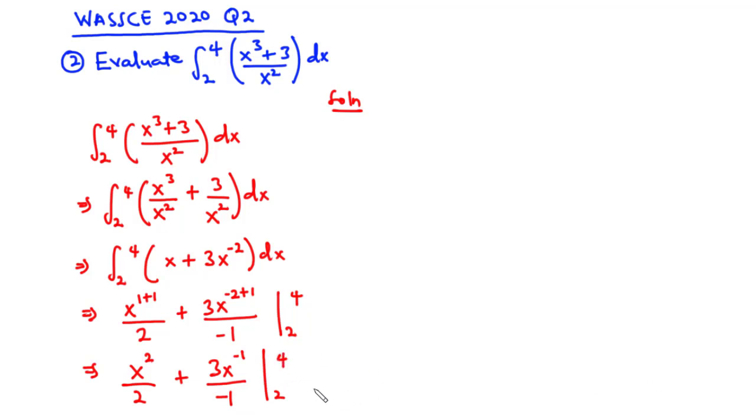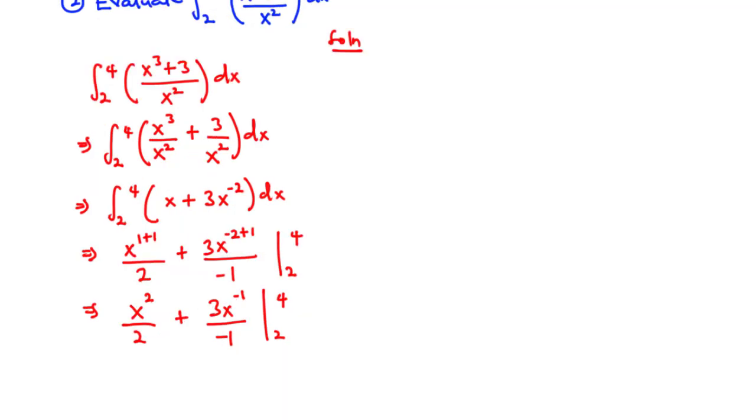So at this point, we are going to substitute the values of 2 and 4 into this expression. So first of all, we have 4 squared over 2 plus 3 times 4 exponent negative 1 over negative 1.